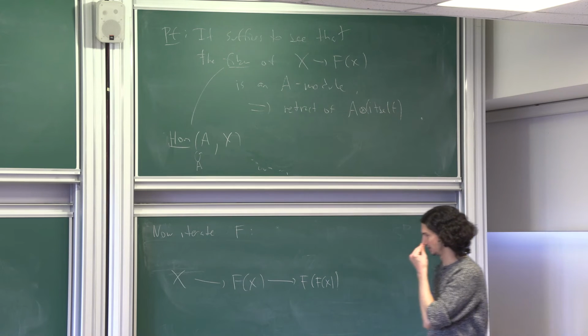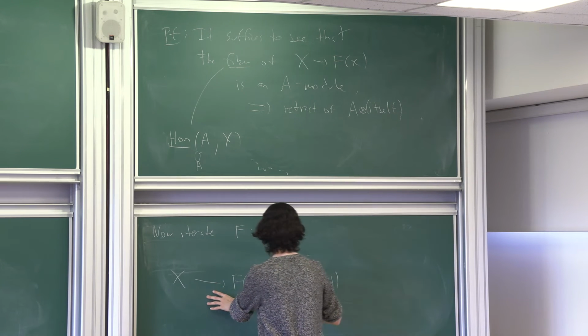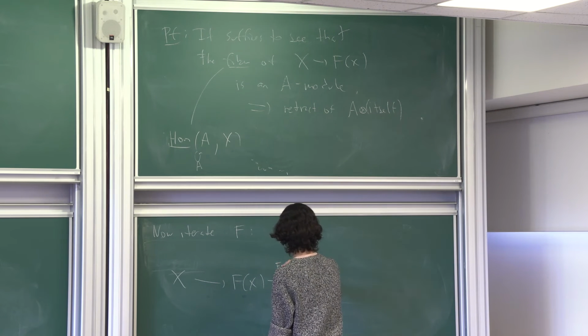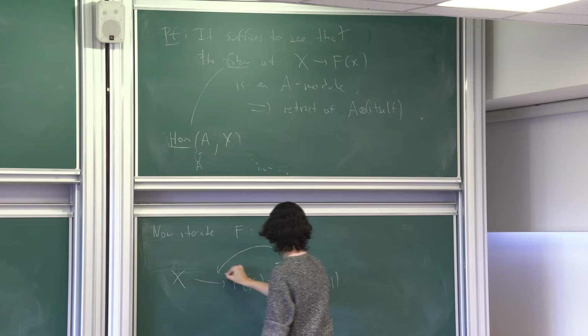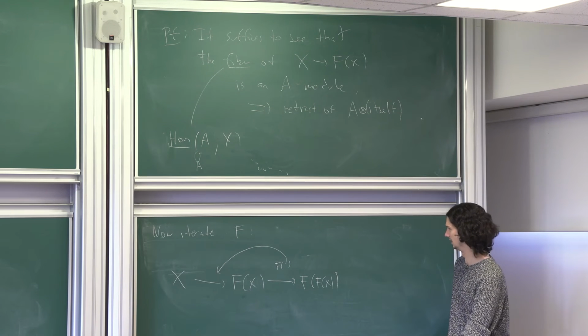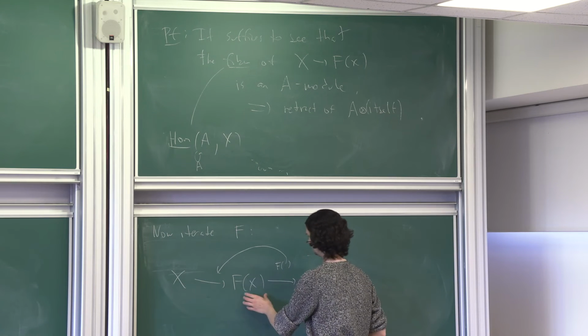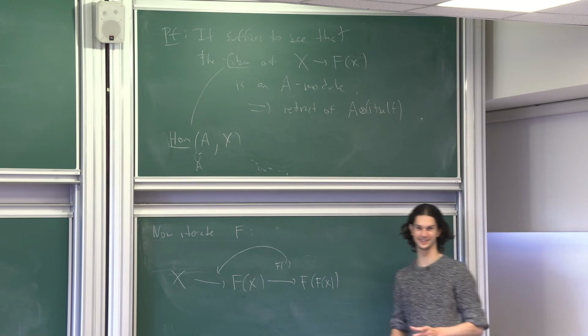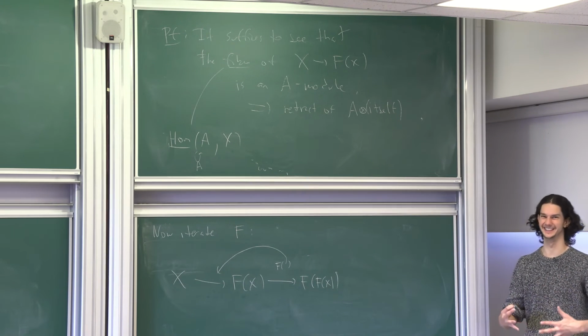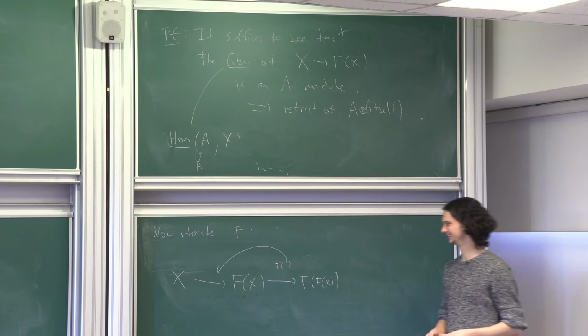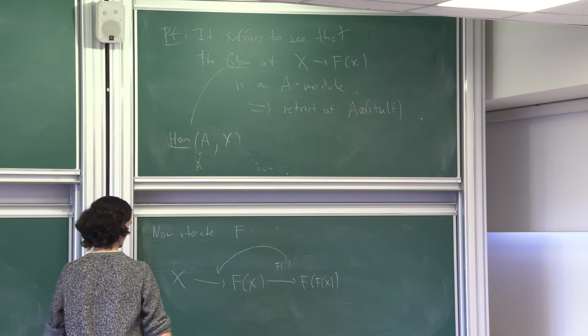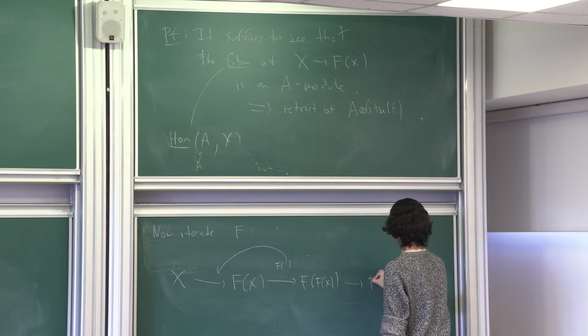What I want to do is take F applied to the previous map, as opposed to taking the instance of the previous map with X replaced by F of X. And then you can continue on like this.